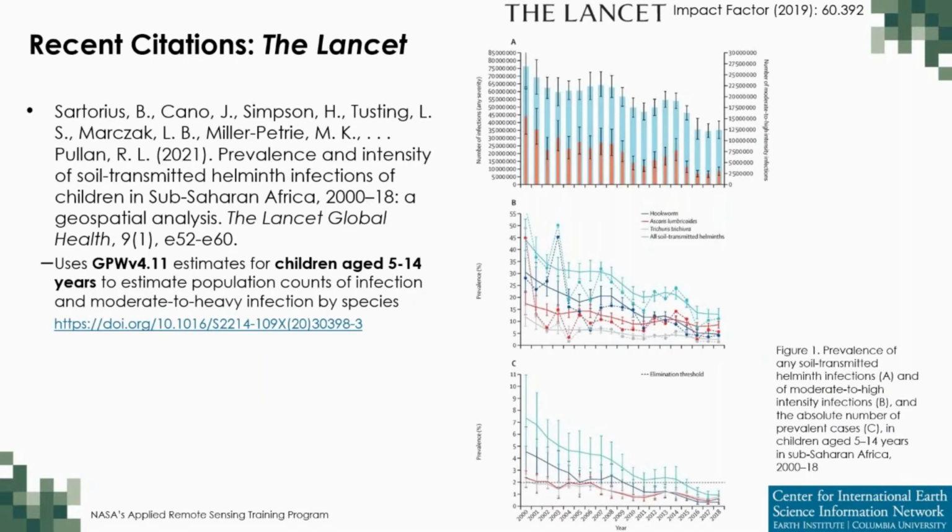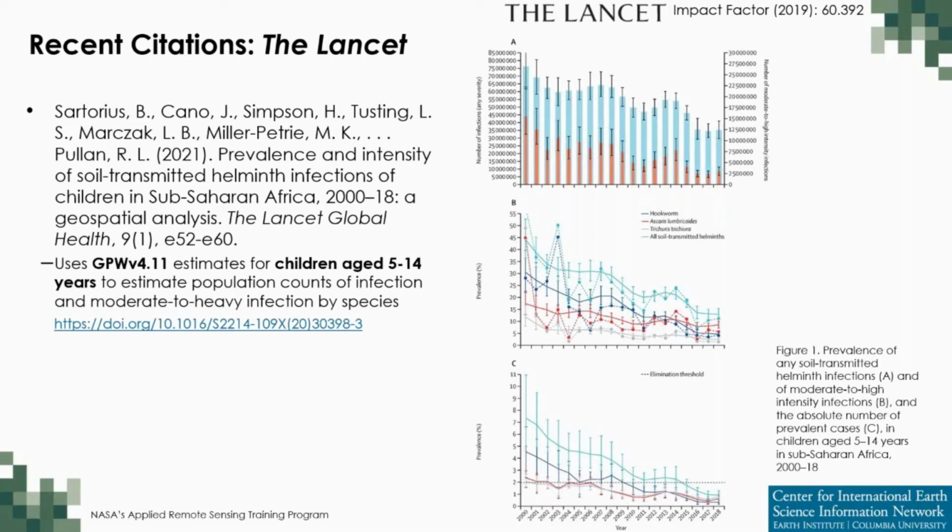Another paper, more recently in the Lancet, was looking at helminth infections, and the notable thing about this is they did use the child estimates, the age structure data that we developed for GPW4.